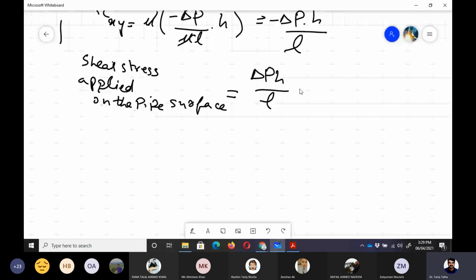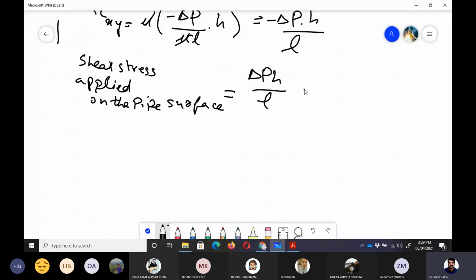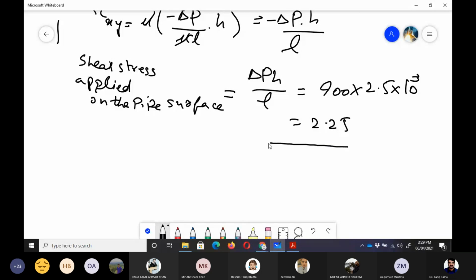Delta P by L is 900, and the h value is 2.5 into 10 to the power minus 3, and that would give us some value. I think it would be 2.25, acting in the positive direction on the pipe surface. So this was the first numerical. Any query in that? Please let me know.